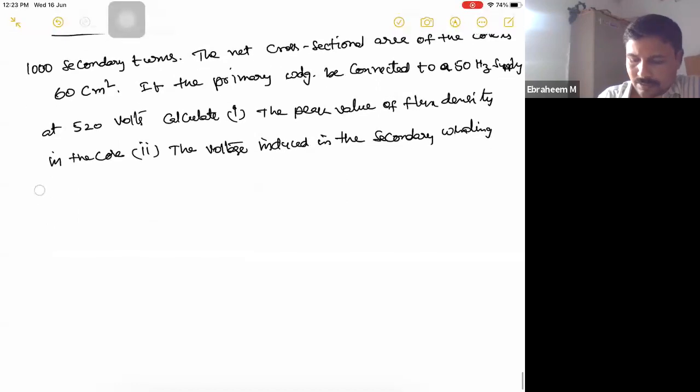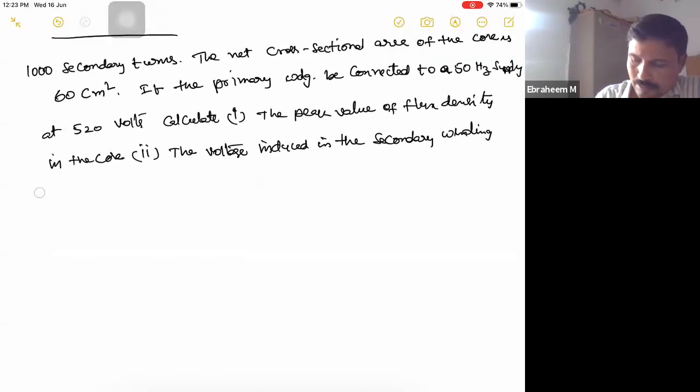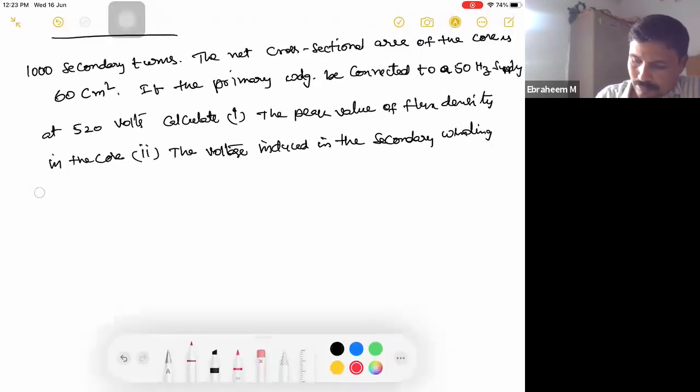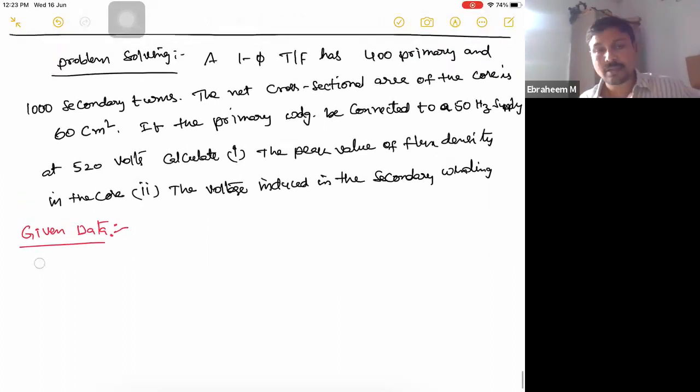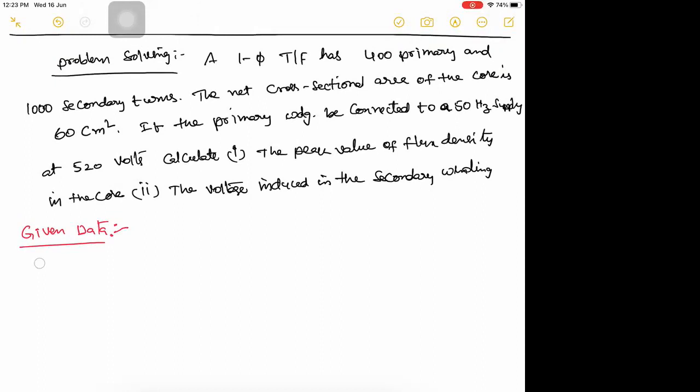So let us see the solution. What is the data given? Have you noted down the problem? Take 1 minute and note down the problem.